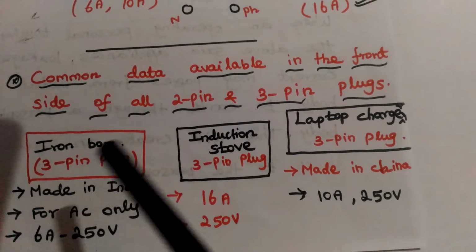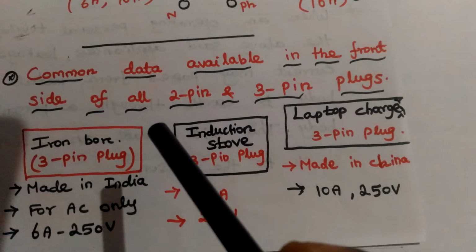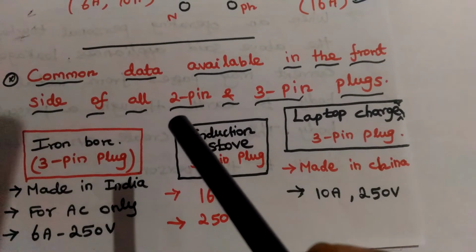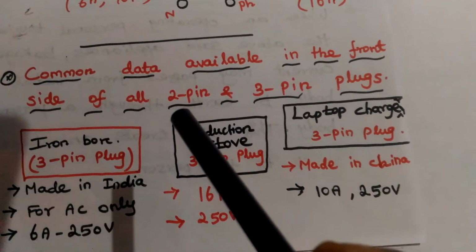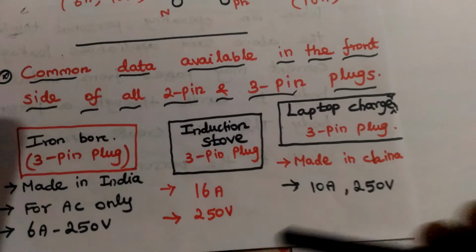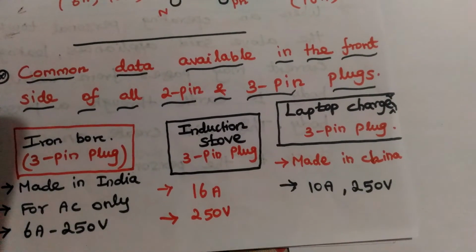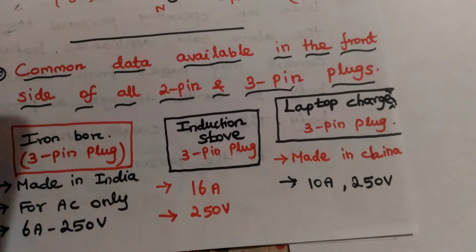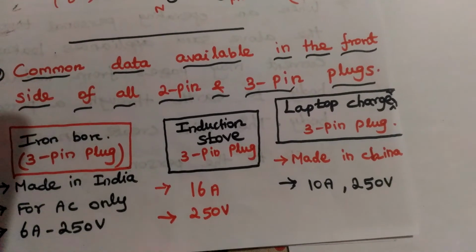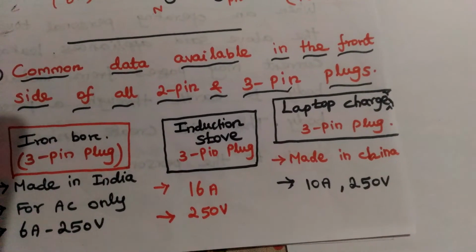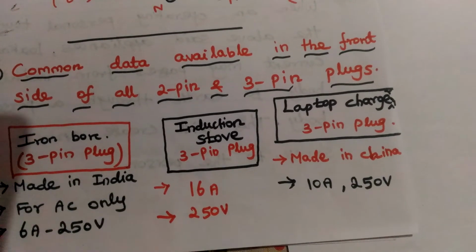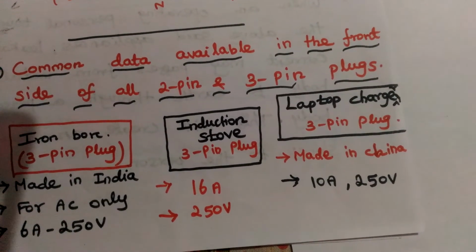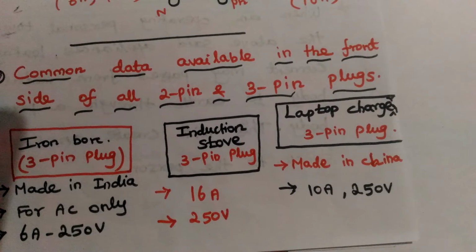If you are using an LED lamp for decoration, that LED lamp is supplied using a 2-pin plug with a current rating of 2.5 amps. If we take the mobile phone charger, the current rating mentioned is 0.6 amps, otherwise 60 milliamps like that, on that mobile phone charger.